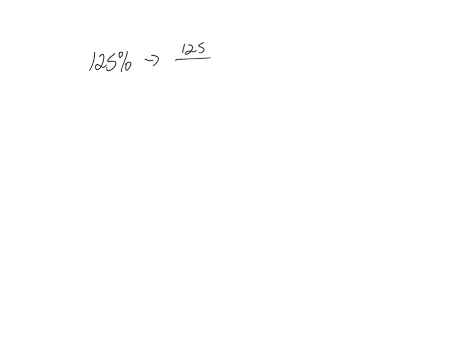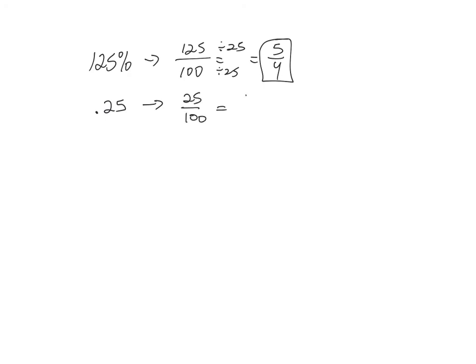If I have 125 over 100, I could divide by 25, and I'd get 5 over 4. And then I would divide by 4 and then multiply times 5. Or what if I had 0.25? 25 over 100, or 1/4. It's like 25 cents, so it's a quarter.